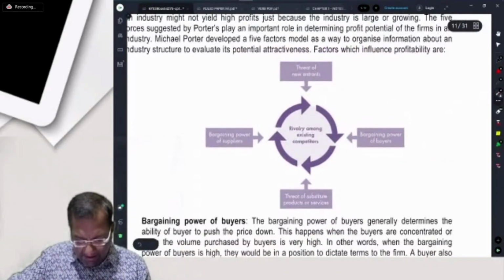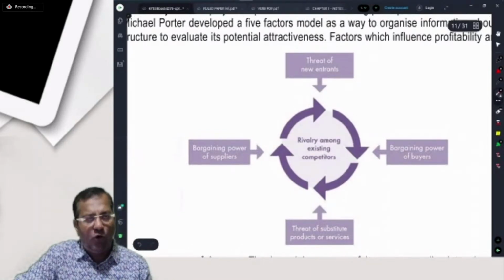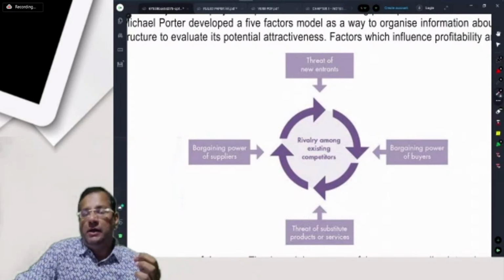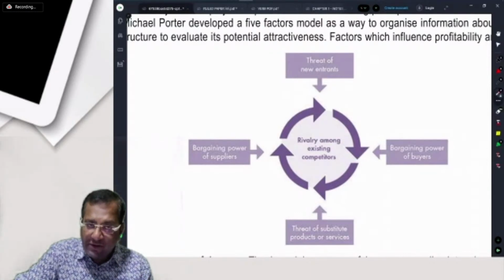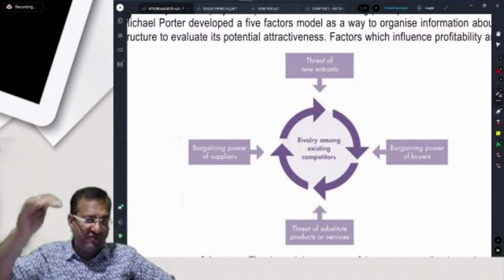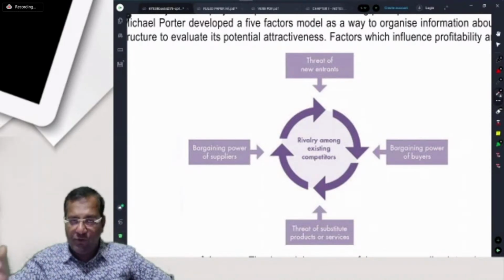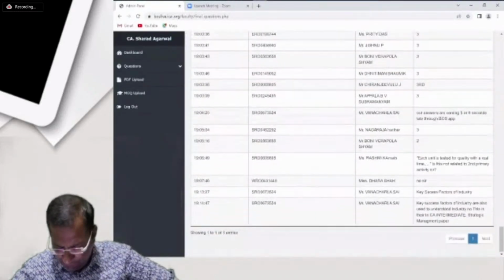Bargaining power of buyer. It's a very logical point, beta. No need to read from the study material; we will just discuss. Just tell me, beta. If the industry has high bargaining power of buyers, is it attractive for a company to enter that industry? Should my client go into that industry? If the bargaining power of buyers is on the higher side, will it be beneficial for my client to enter?